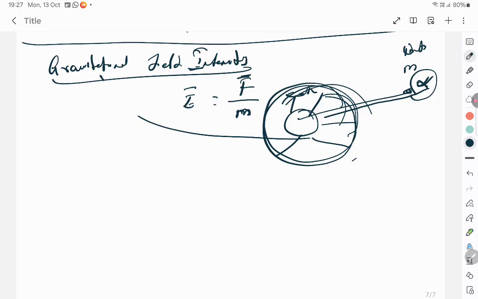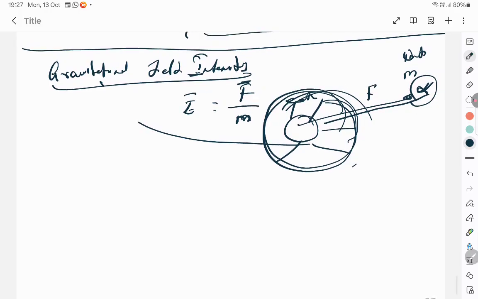You bring it here. That force with which it's getting pulled inside the gravitational field, because initially it is in the outer space. Infinity means it's in outer space. It will not be attracted by earth. You literally have to pull it. That force on that mass is what is called gravitational field intensity, which has Newton per kg as a unit.